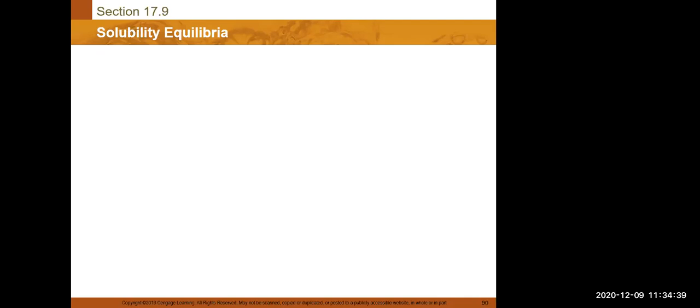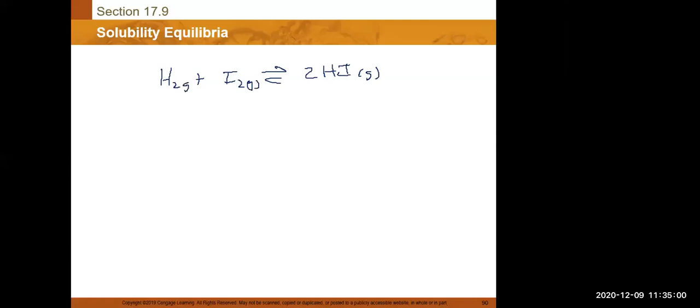Let's take a look at one where it's not necessarily a Ksp problem, but just a regular equilibrium type problem. So let's say we had H2 plus I2 makes 2HI. Just two gases.